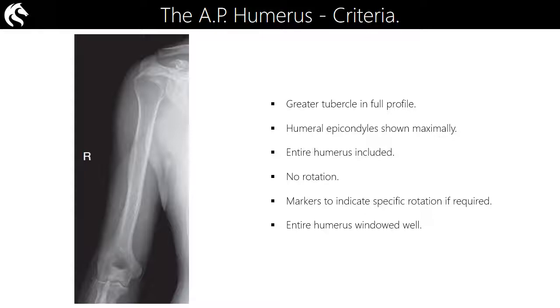So the greater tubercle should be in profile. You should include the entirety of the humerus, and in 95% of patients you should be able to include all of the humerus on one projection. And you should have markers there to indicate if the patient's had a specific rotation other than what would be expected. And otherwise, window and level should be appropriate for that humerus.